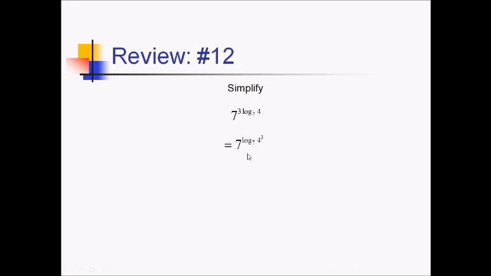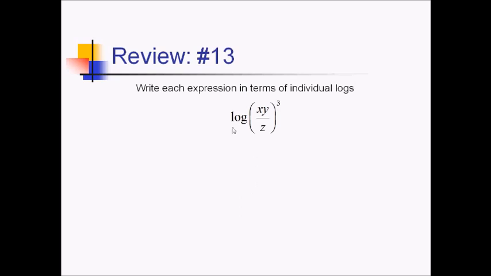And at this point, now I'm raising 7 to the thing I need to raise 7 to get 4 to the 3rd. So 7 and log base 7 cancel. I just end up with 4 to the 3rd, the thing that was inside the log, and then I'll just simplify that to 64.